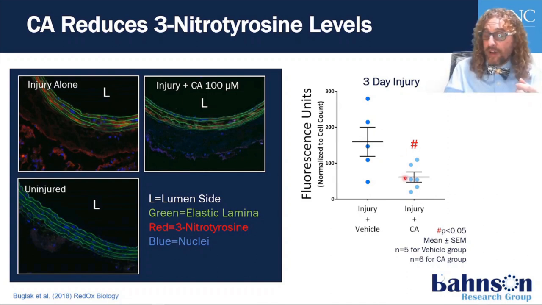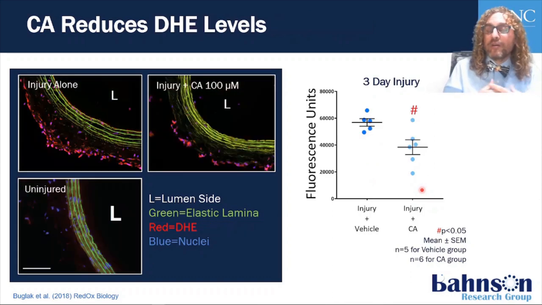This is quantified here and normalized to number of cells counting DAPI nuclei, and we see a significant decrease in 3-nitrotyrosine.